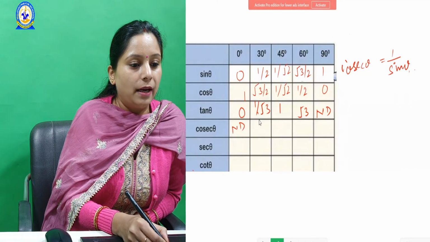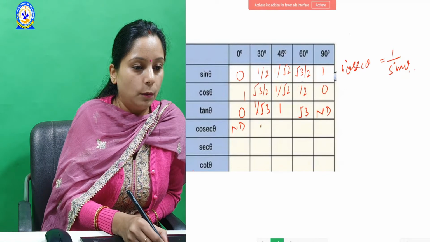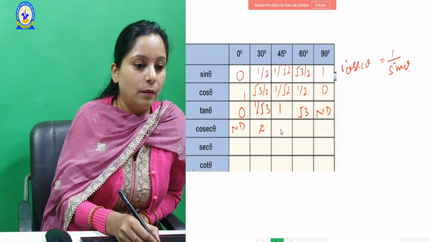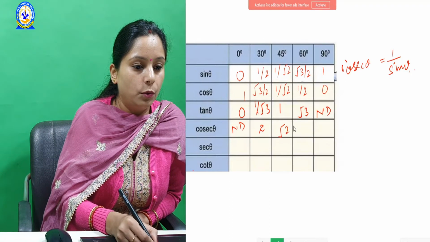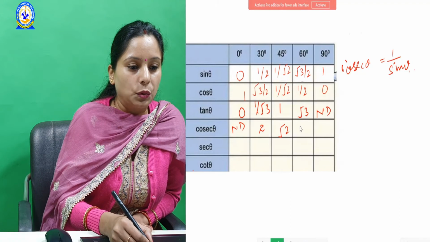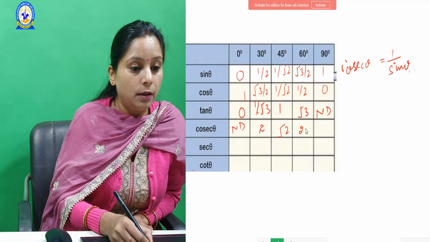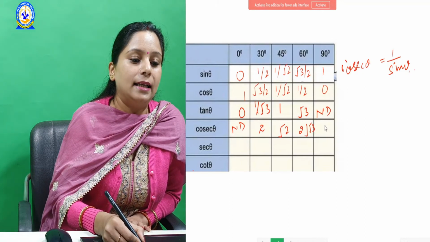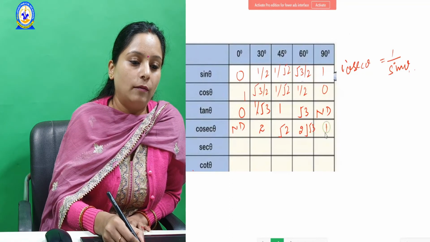Sine 30 is 1 by 2, so cosec 30 will be 2. Sine 45 is 1 by root 2, so cosec 45 is root 2. Sine 60 is root 3 by 2, so its reciprocal will be 2 by root 3. And sine 90 is 1, so its reciprocal will be 1.